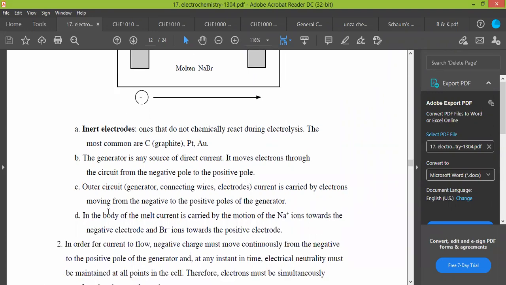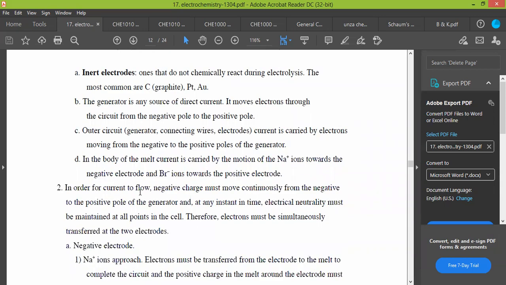Okay. So in order for the current to flow, negative charges must move continuously from the negative to the positive of the generator, and at every instant in time, electrical neutrality must be maintained at all points in the cell, meaning the cell should be electrically neutral.